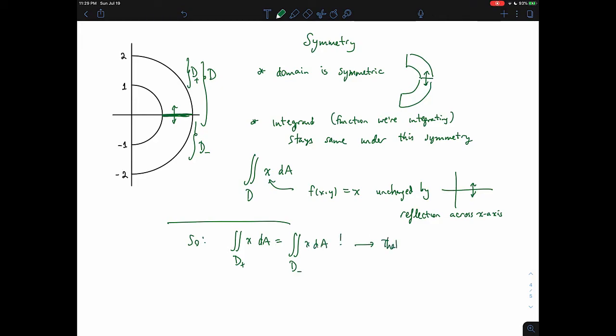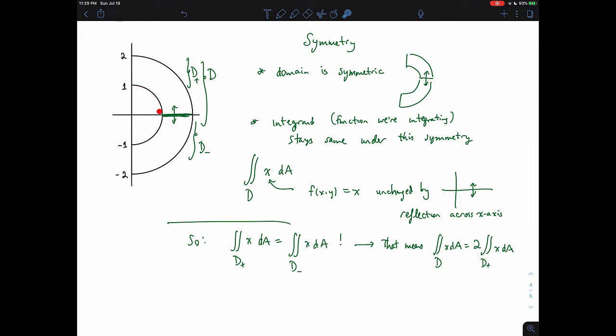And that means that the overall integral is just twice one of them. So we can just work out one of these, say for D plus, and double the answer we get.